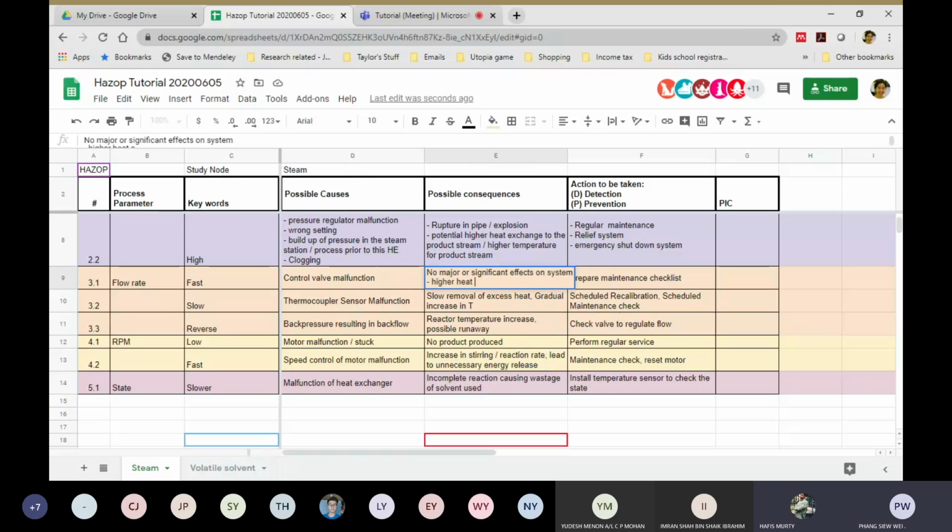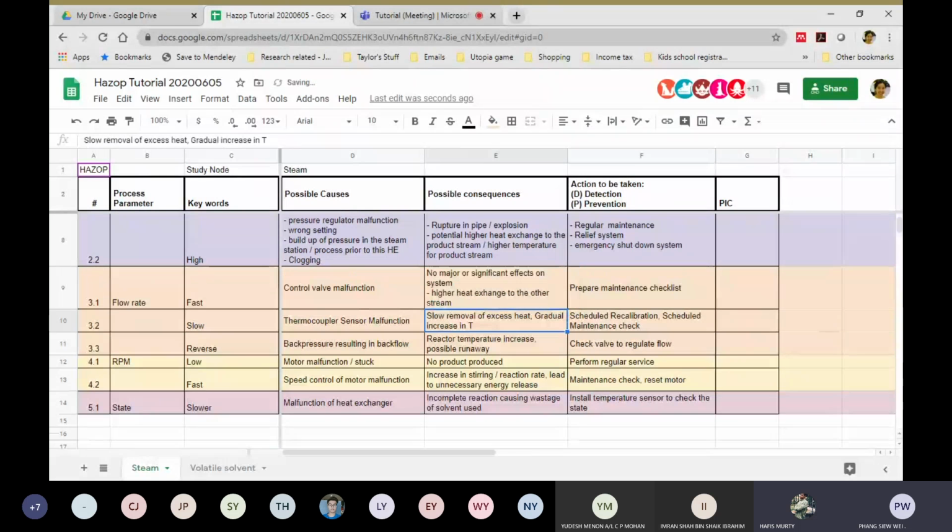No major effects on the system, but there's a higher heat exchange to the other stream because it's a heat exchanger. Yeah, I agree.